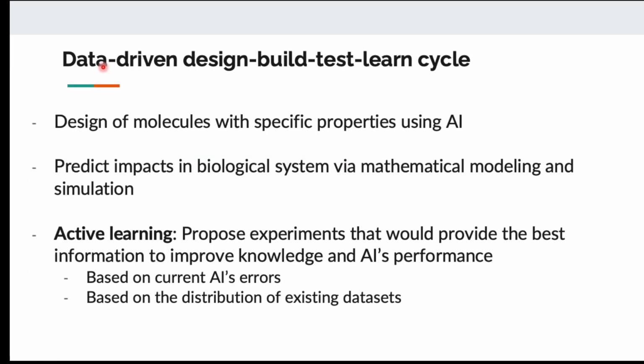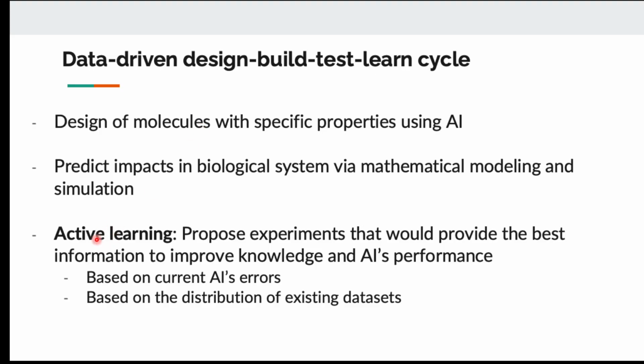This kind of ability to design new molecules, like new DNA sequences, can help speed up the design, build, test, learn cycle in synthetic biology. So instead of designing with knowledge only, you can also use computational prediction to drive your design, to pick the one that you should test.